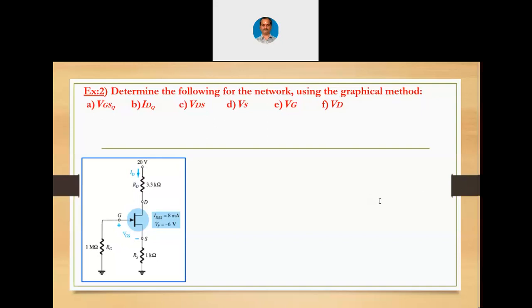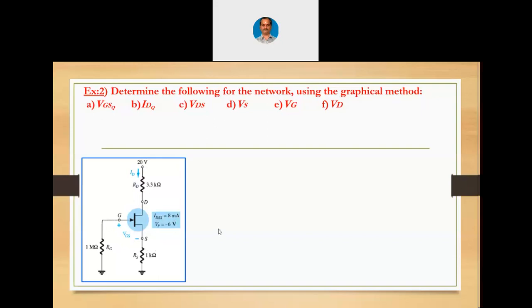So Sayan has given the answer minus 2 and 0 on the x-axis for ID equals IDSS by 2. For 4 milliamperes, you will get IDSS by 2, which corresponds to 0.3 Vp, right?